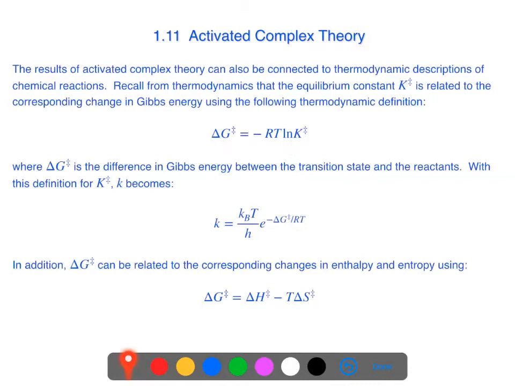With this definition for K, the rate constant now becomes kBT over h multiplied by e to the minus delta G double dagger over RT.